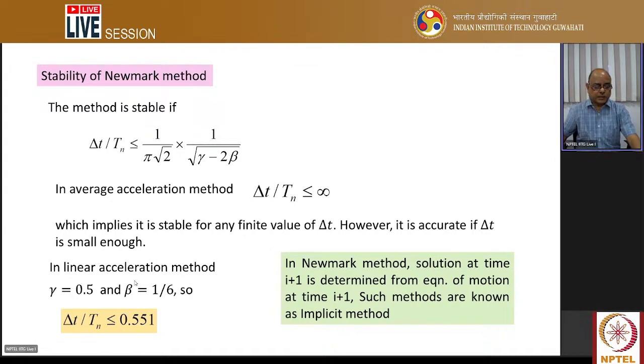In the linear acceleration method, gamma is 0.5, beta is 1 by 6. If so, then delta t by Tn becomes less than or equal to 0.55. Newmark's method is an implicit method, whereas the central difference method is an explicit method.